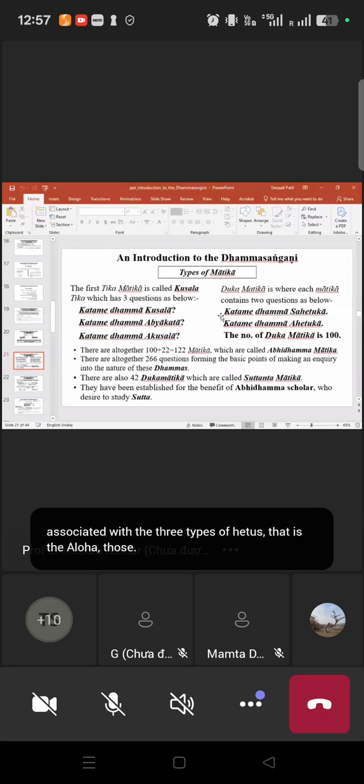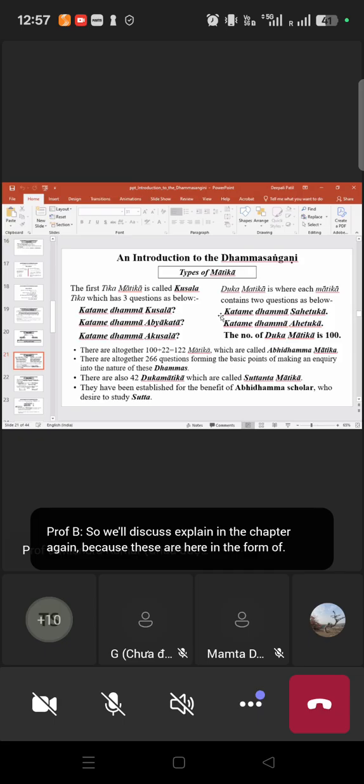And among the 89 or 121 types of consciousness and 52 types of psychic factors, how many psychic factors are associated with our kusala chitta, that is, associated with alobha, adosa, amoha. So we will explain in the chapter again, because these are here in the form of matika.